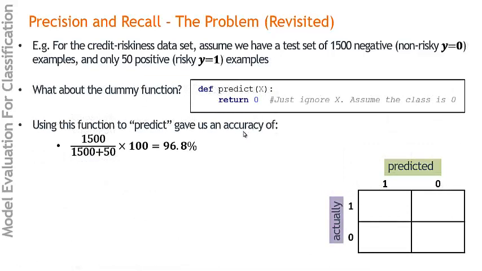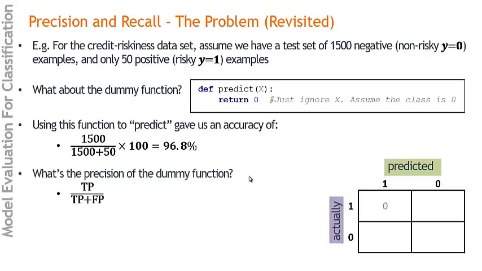Now in the extreme example where we simply predict everything as non-risky, we can fill in our confusion matrix, right? We actually predict everything as 0, and the precision in this case is undefined because we haven't predicted anything as actually positive.